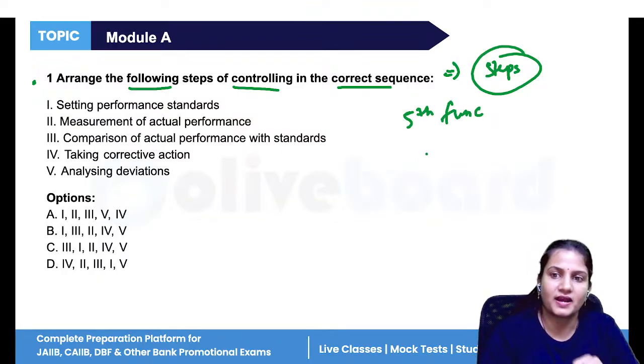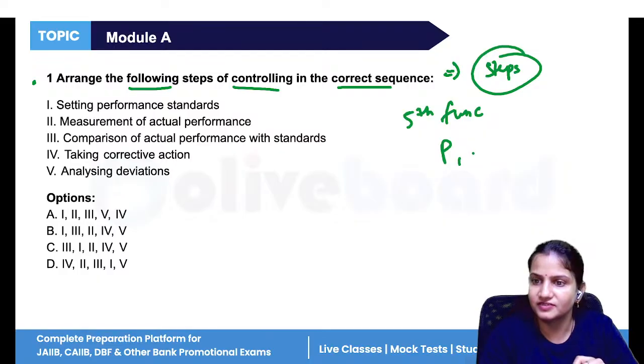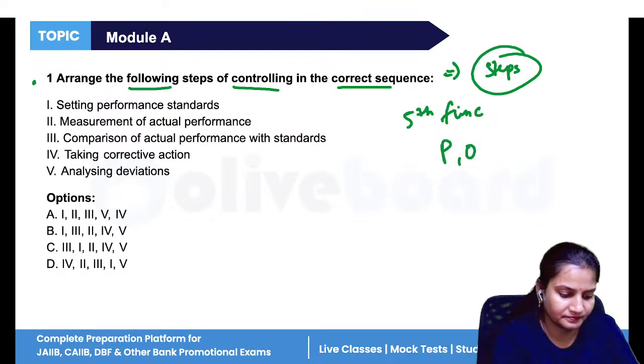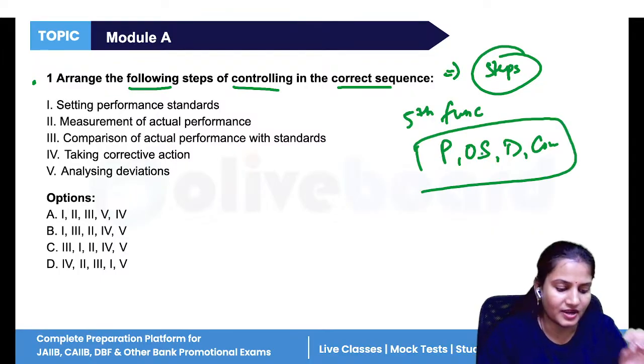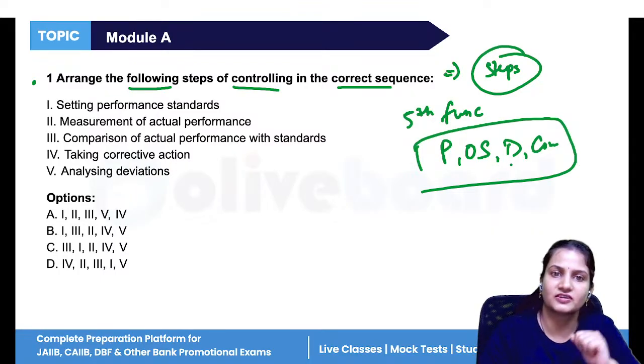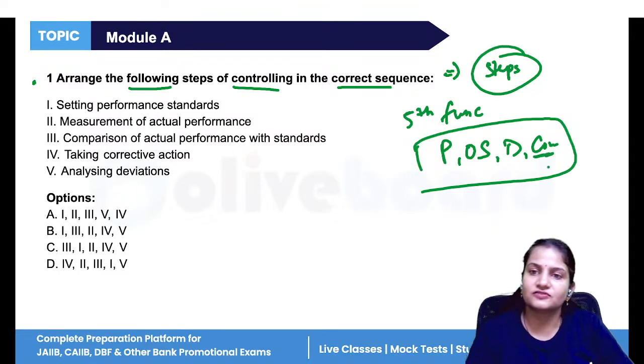How many functions of management do we have? First is planning, second is organizing, third is staffing, fourth is directing, and last is controlling. So these are the five functions of management. Among these, the last function is controlling.